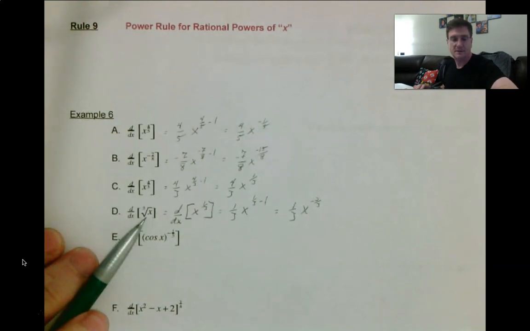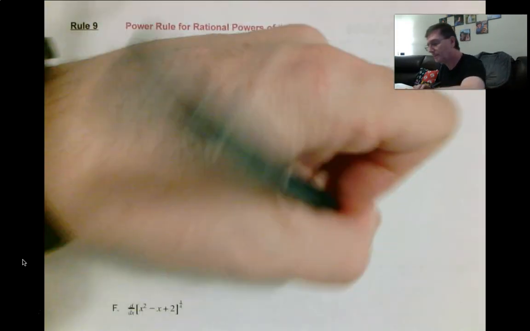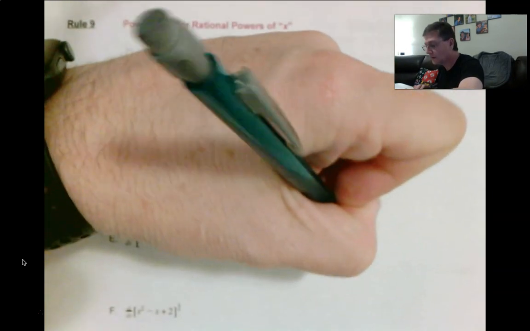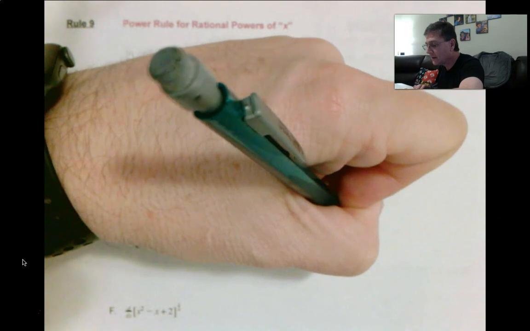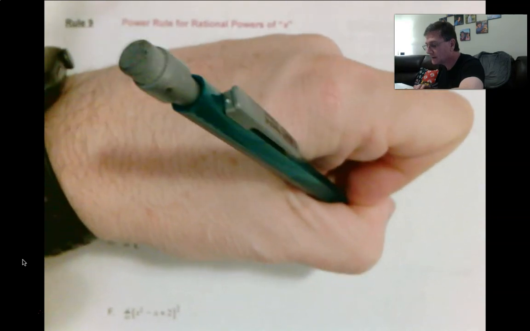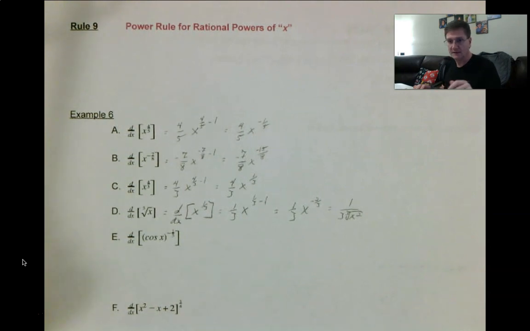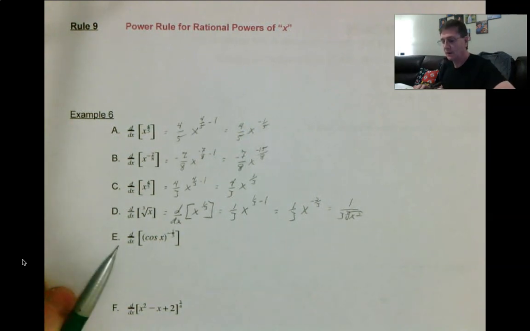And only because the original was written as a radical, I'm going to write this as 1/3 cube root of x squared. Don't worry about rationalizing. That's an algebra teacher thing. Once you get past algebra, you don't ever have to worry about rationalizing denominators.